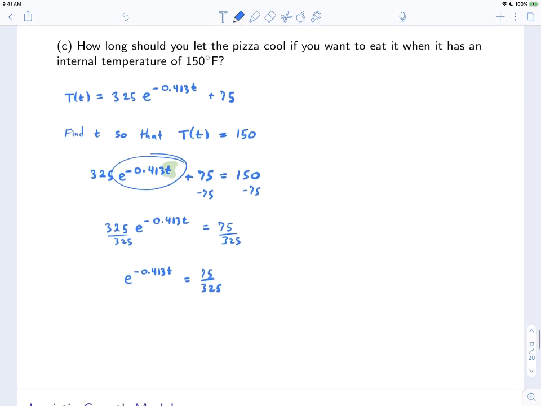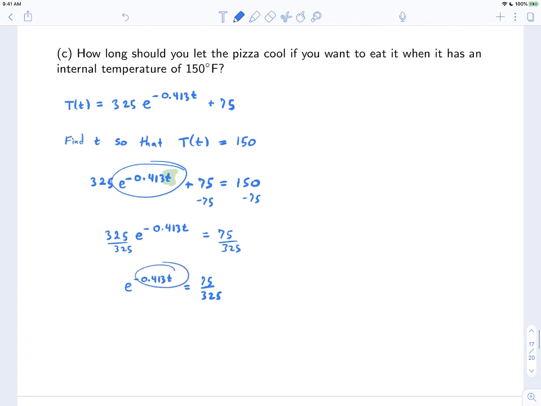What does that tell us? That tells us that this exponent, minus 0.413 t, that's the power of e, which is the natural logarithm, that gives you 75 over 325. So t is equal to ln of 75 over 325 divided by minus 0.413.